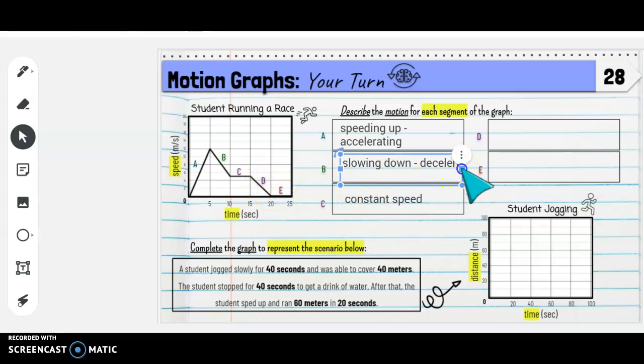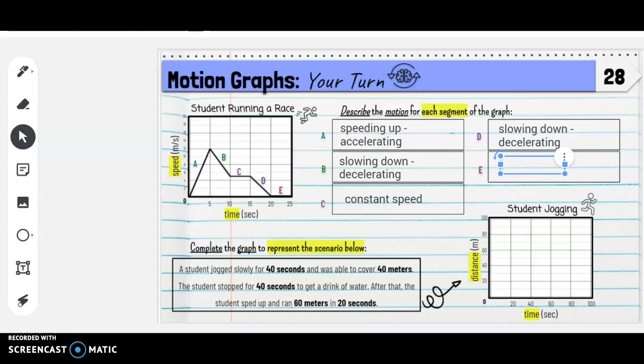So again, the student is slowing down or decelerating. And then at the last segment, segment E, it's a straight line also, but the speed here is 0. So that tells me at this point in the graph, the student was at rest or no motion. Make sure you get the motion for each segment copied down, and then we'll look at the graph here on the bottom.